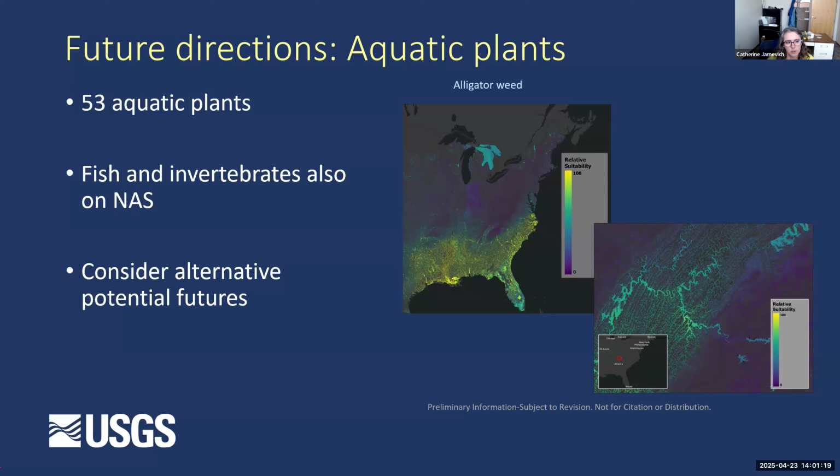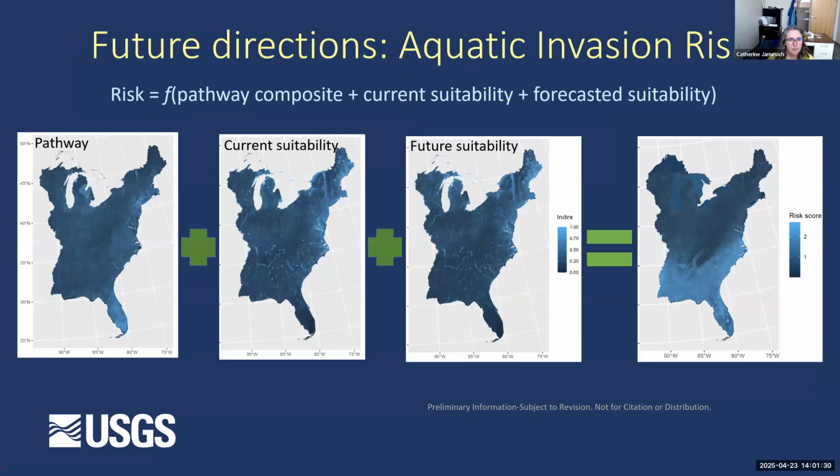We're also considering alternative potential futures. Right now we're getting ready to go through the review process with those models as well, and those will be out hopefully in the near future.